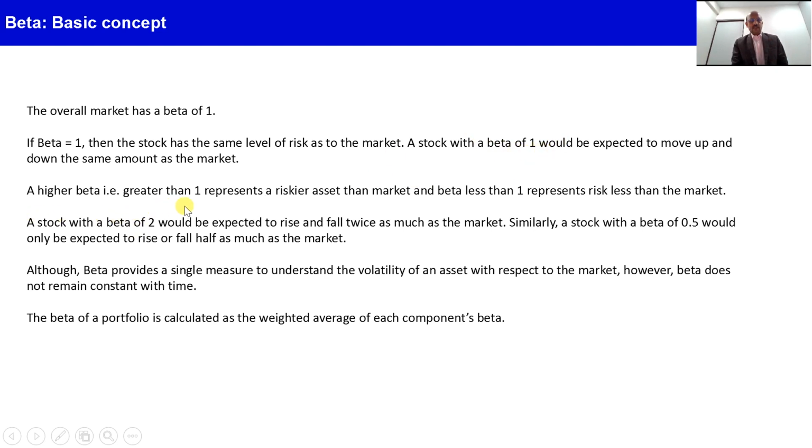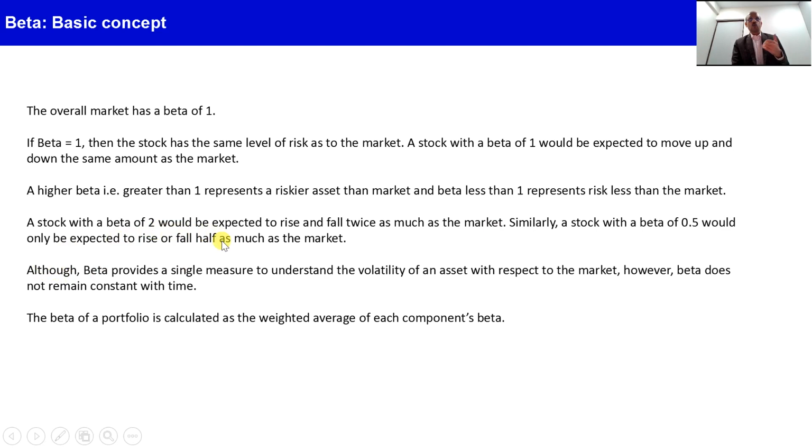A higher beta, greater than 1, represents that the asset is riskier than the market, and a beta of less than 1 represents that the asset is less risky than the market. For example, if the asset beta is 2, it will rise or fall twice as much as the market. So if the market is falling by 5%, the stock will fall by 10% because beta is 2.